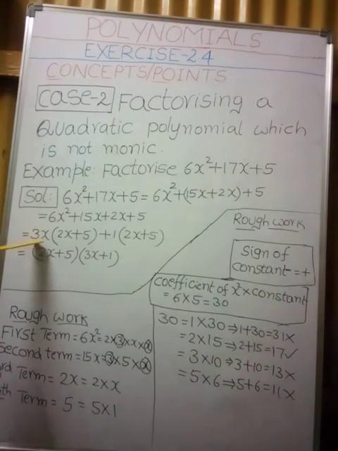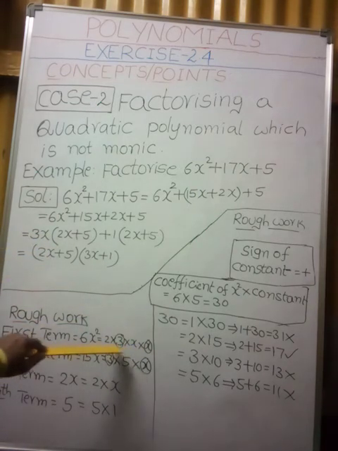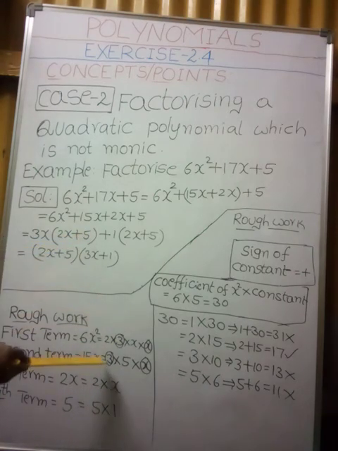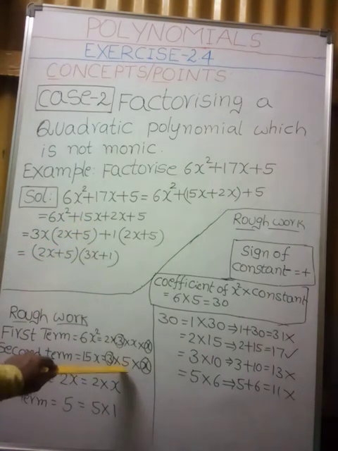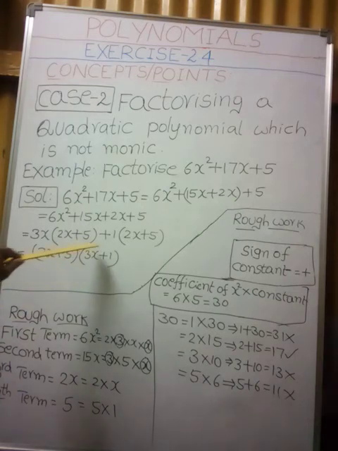Understood this part, my dear children? So 3x, after deleting this part, what is left here? 2x. 2 into x is there. So I wrote here 2x as the first term in the brackets. Plus, because plus sign is there, so plus 5 is left here. After taking out the common factor 3x, 5 is left. So plus 5 I wrote here. Understood this, my dear children?